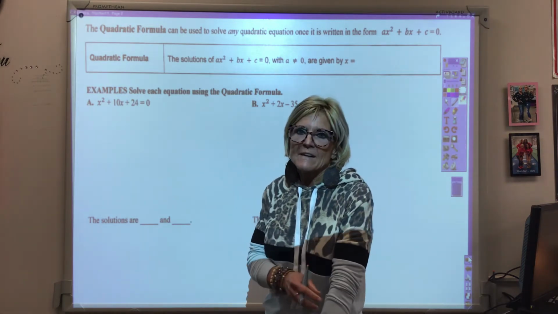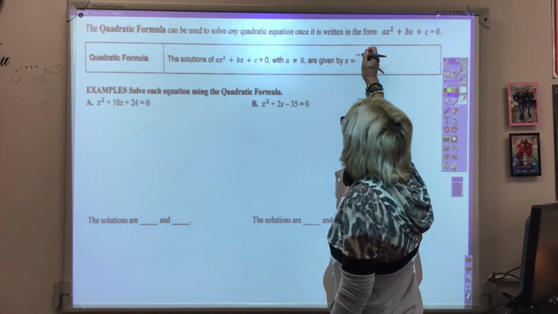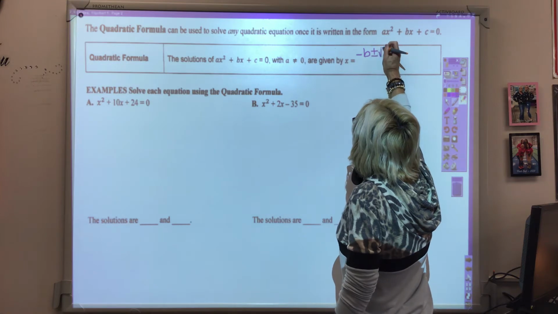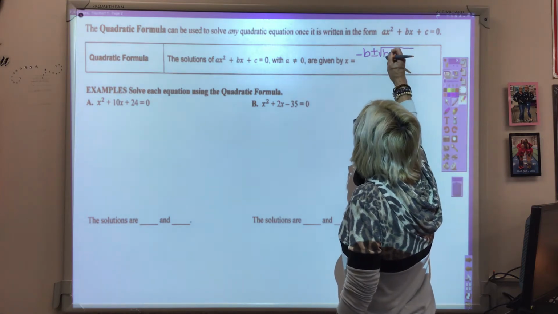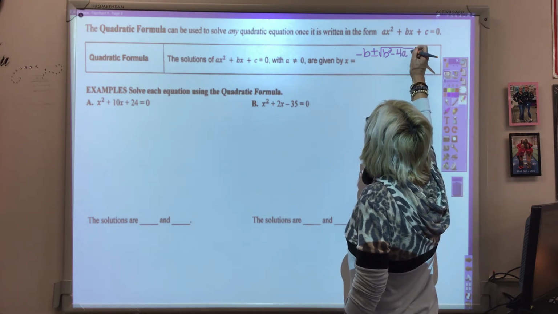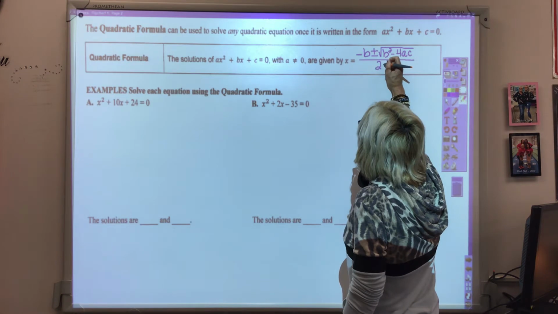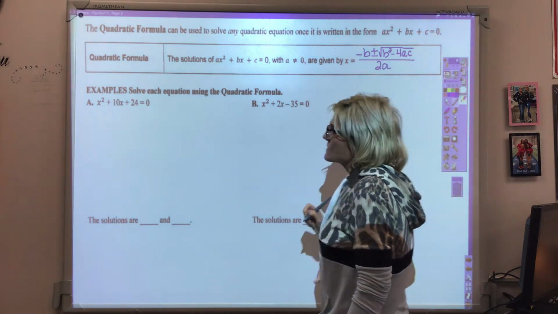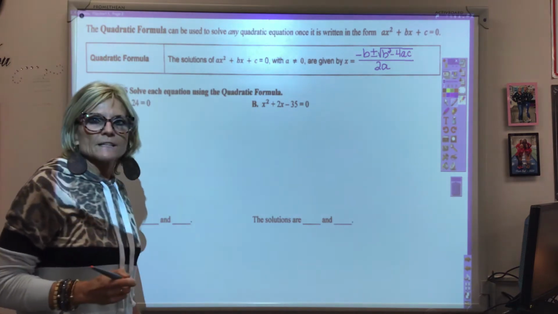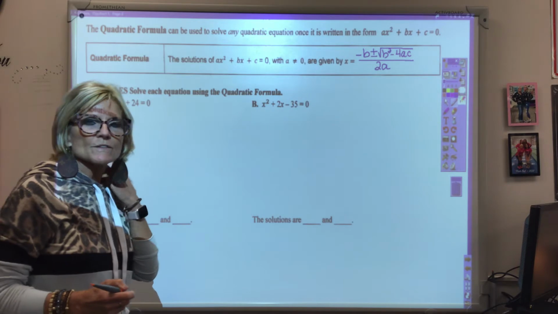So having said that, the quadratic formula is this. It's the opposite of b plus or minus the square root of b squared minus 4ac, all divided by 2a. So what we do is we take our equations and we first identify a, b, and c, which hopefully y'all are all used to doing by now.